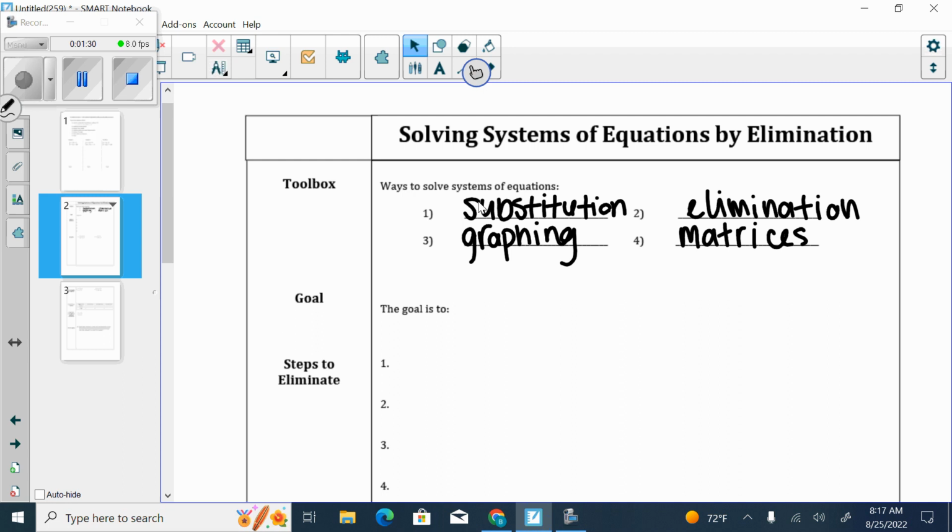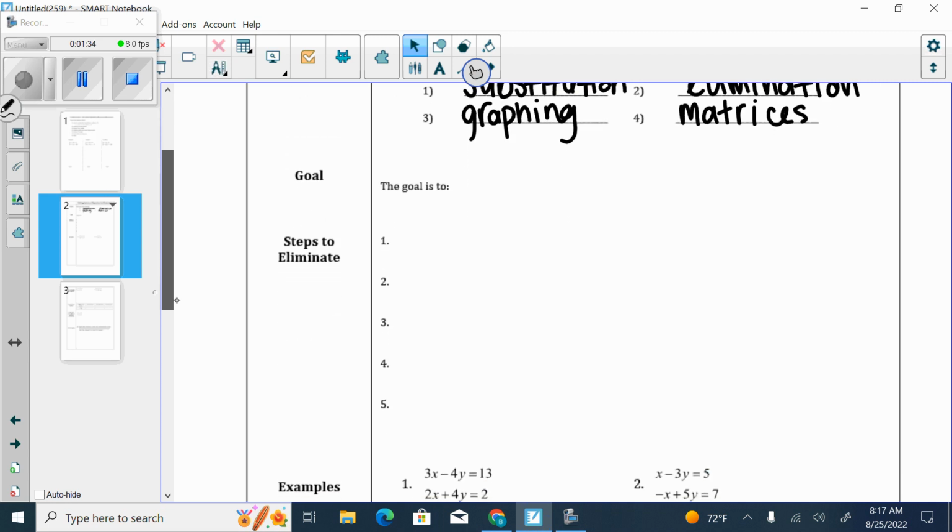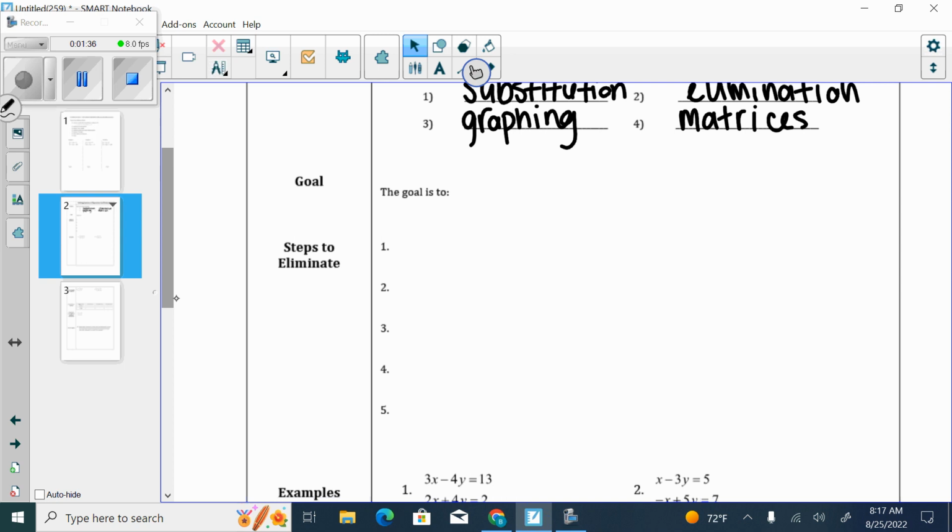All right, so there's all our different methods. Let's go ahead and dive into elimination. So when we are using elimination to solve our system of equations, the goal here is to eliminate one of the variables by combining your two equations.